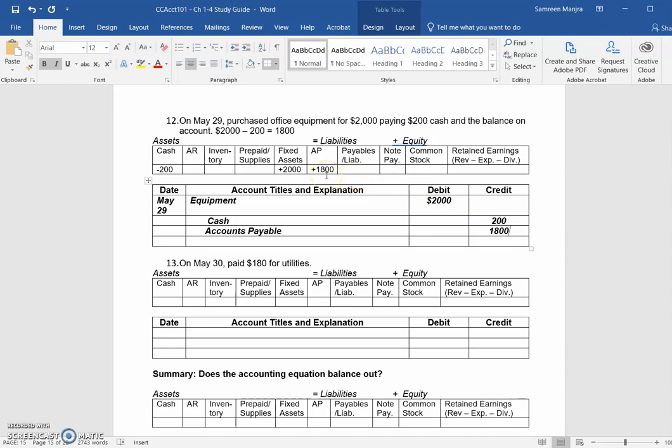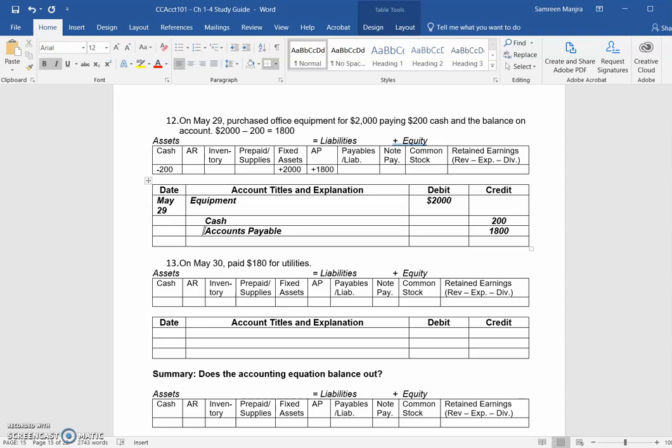You have to think about what's going on with the account, how it is categorized, and what the debit and credit rules are for that particular account. So cash is an asset account. When it increases, it'll be a debit. When it decreases, it'll be a credit. Accounts payable is a liability account, so the rules are opposite for the liabilities. When we have an increase in our liabilities, that'll be a credit.